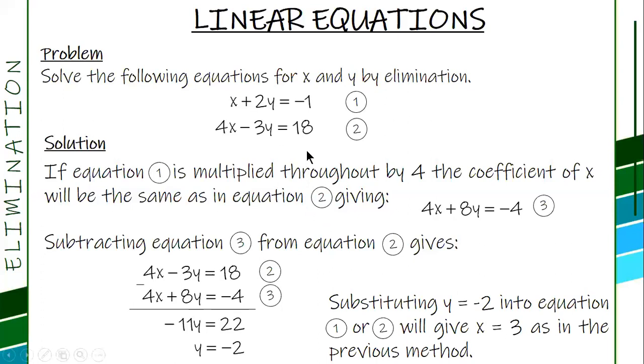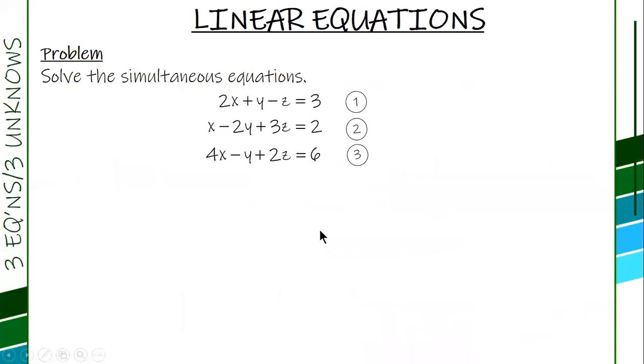Just eliminate one variable. And then make sure nga same ang coefficient sa variable para ma-cancel. So, kanilang na method for two equations with two unknowns. Now, for three equations with three unknowns, the only method is elimination.